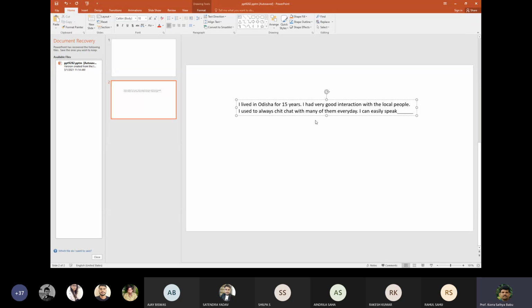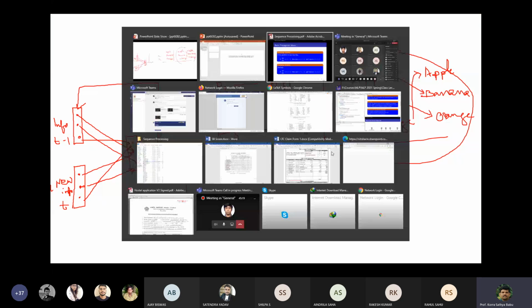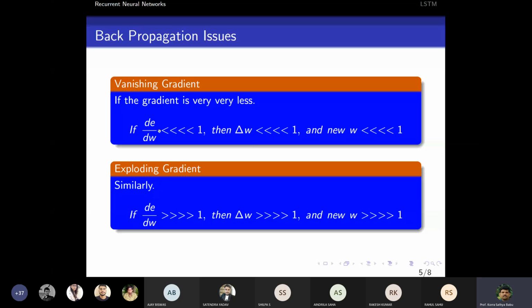In this context, suppose the learning rate or the change of weight is very less, meaning it is very negligible. You keep on checking with the nearest word, or how much you are going to check and how long you are going to go. For long dependency sentences, it is very difficult to reach that particular word.